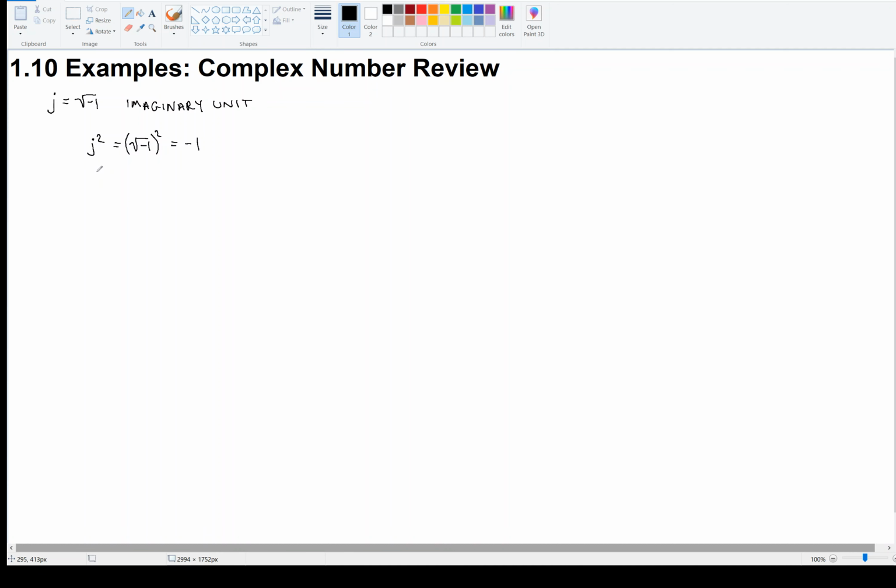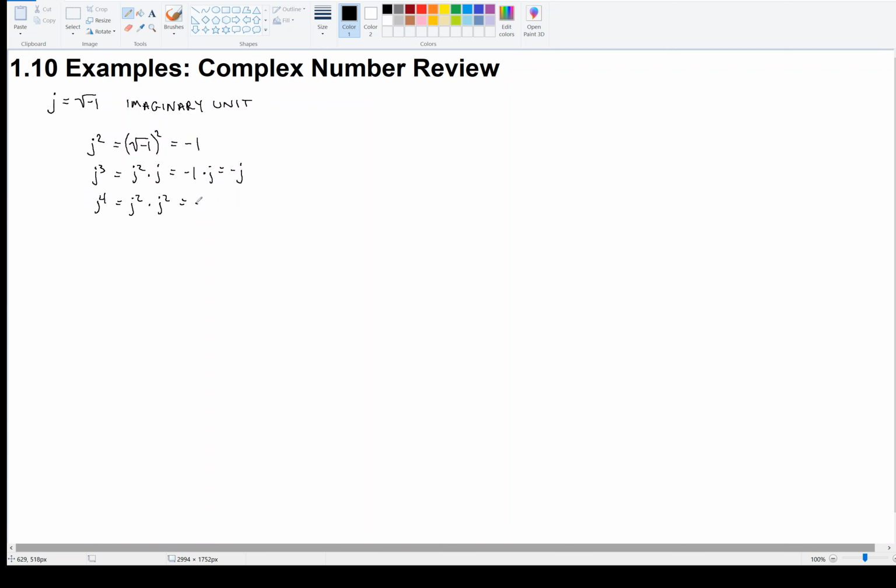And then if I take J cubed, well, I'll write it like this. That's J squared times J, right? And J squared we just said was -1. So this is minus J. And then if we take J to the fourth, well, that's J squared times J squared.